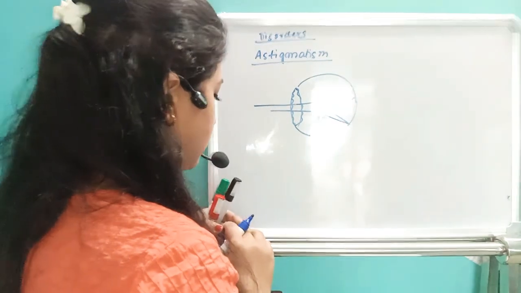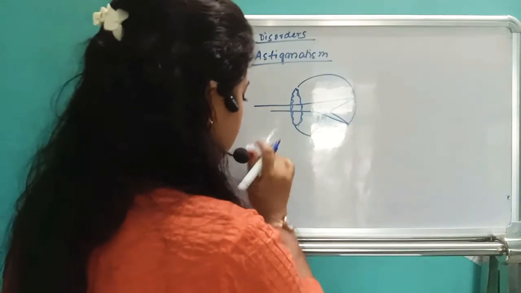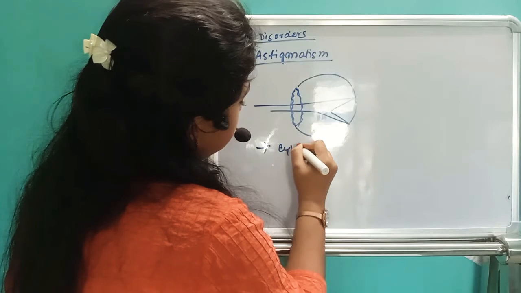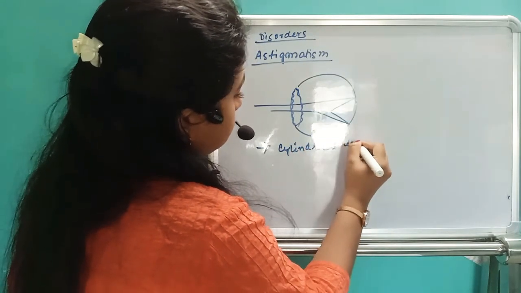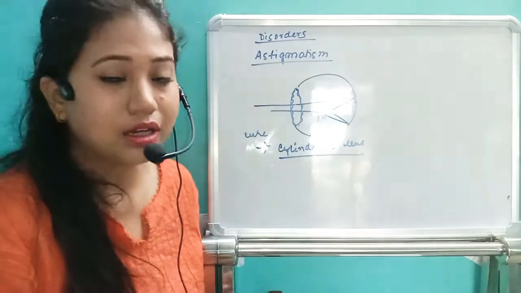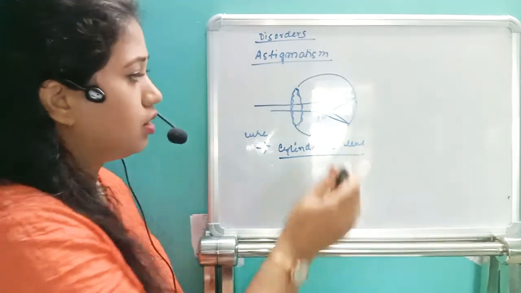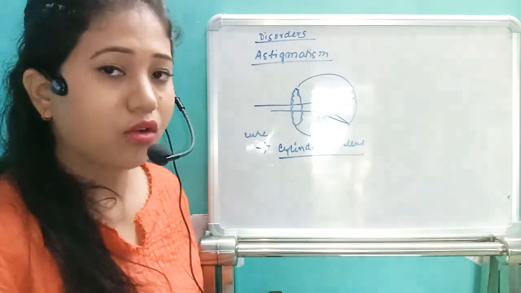This individual suffering from astigmatism can be cured by another lens, the cylindrical lens. So the cure will be cylindrical lenses. Here there is irregular curvature of the lens, or might be the cornea also.